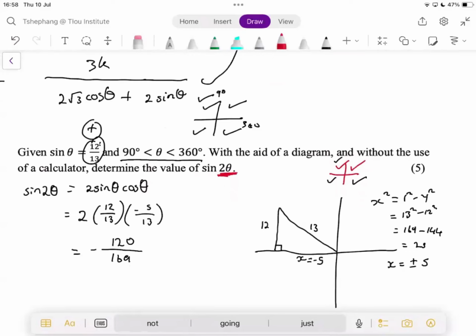You need to include a quadrant with theta. So because we're dealing with sine of theta, let's not forget to say this. That's the value of theta. That is a mark. You must also indicate these two. And then there's a mark for the negative 5. There's a mark for expansion. There's a mark for substitution and the final answer.